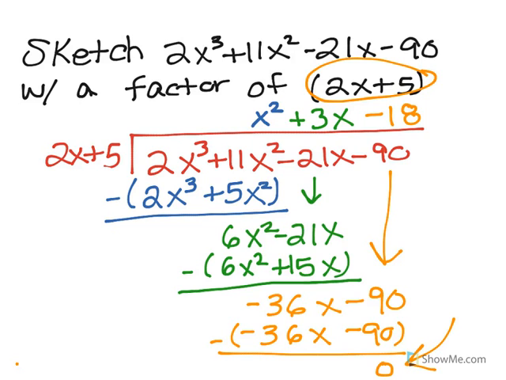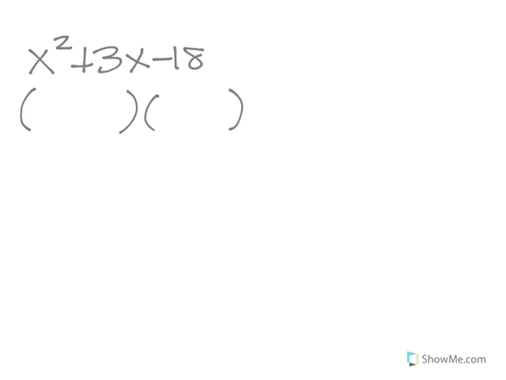Alright, now we're going to take that quadratic function and factor it. Alright, so we have x squared plus 3x minus 18. So what multiplies to give you negative 18 and adds to give you positive 3? You're going to have x plus 6 and x minus 3.